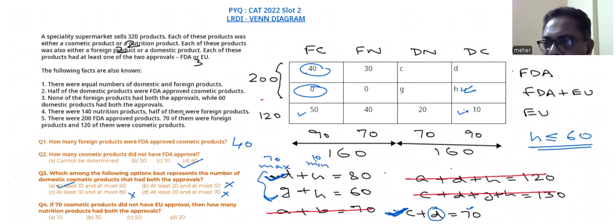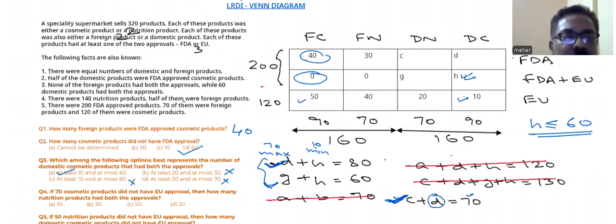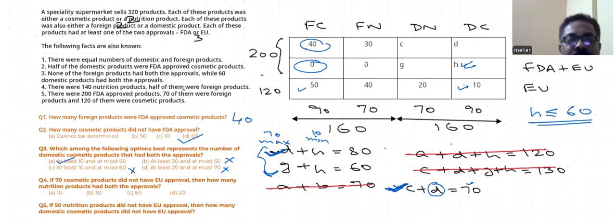Now check it. We had some zones where we did not have some values. Some variables are still unknown. So as I told you, there will be some additional information given to find the actual answers. Check.